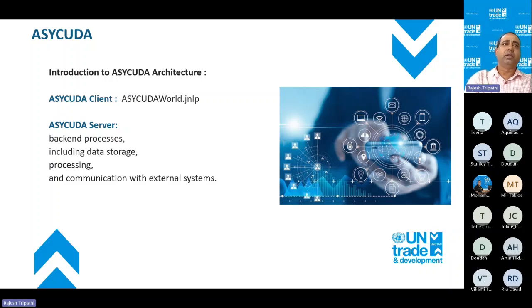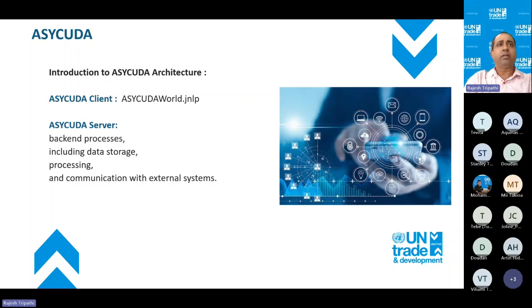You have a client, which is popularly known as ASYCUDA world.jnlp file, that you use to connect ASYCUDA. So in general, we can say it's a client-server architecture that we have in ASYCUDA, which allows you to run the application on your desktop.